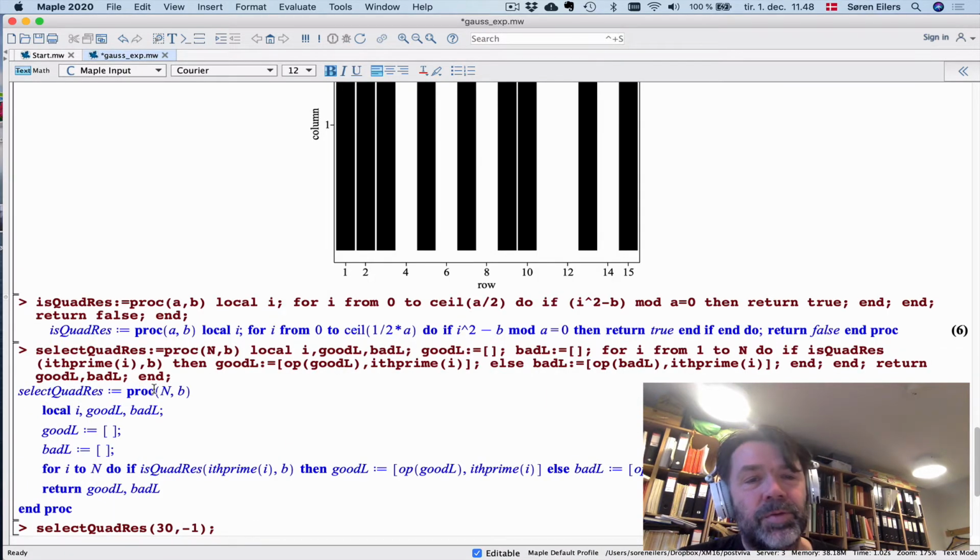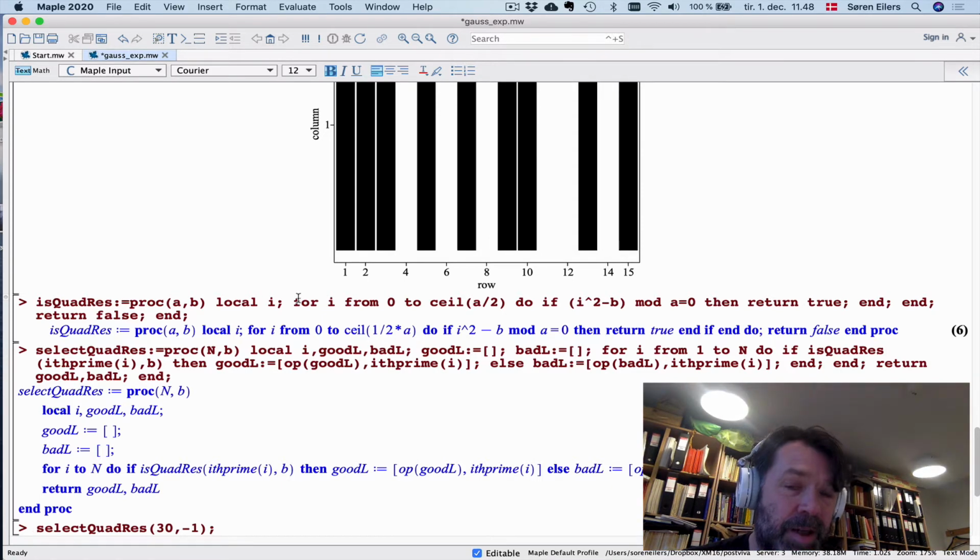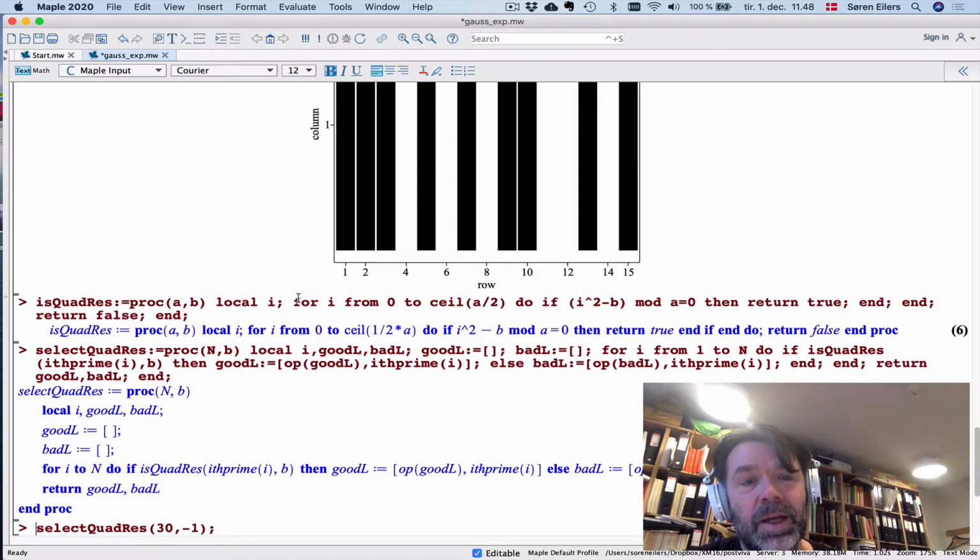Instead of having this problem with the array I'm looking at being a fixed size, which then sometimes is too small, I will be systematic and say, okay, if B is a square mod A, I need to run through the i's going from 0 to half of A and see if the relevant squares hit B modulo A. So this is what this little program does.